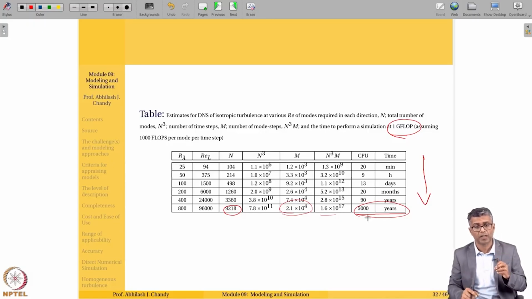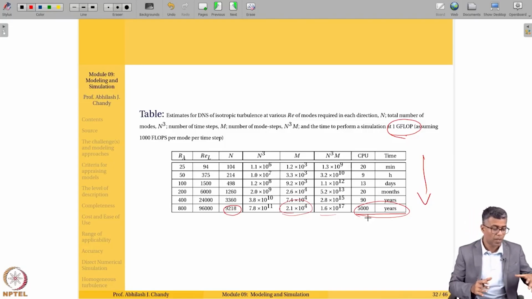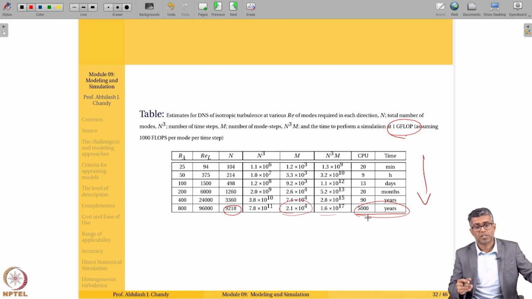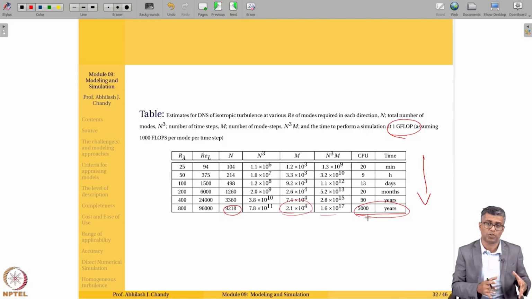If you see here, what we have done is we have estimated the computational cost, and we could do this because we had a periodic box. We had equal points in all directions. So n became n cube. We could estimate what the ratio of the largest length scale to the smallest length scale is. We could do this because it is homogeneous turbulence.